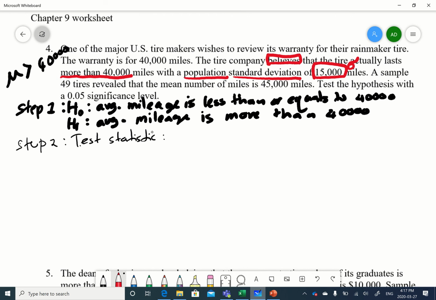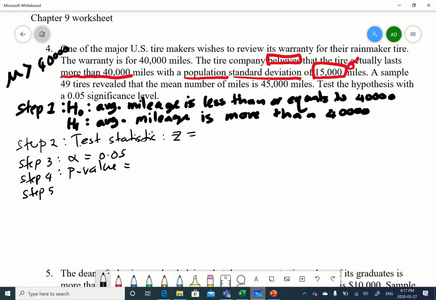Your test statistic has to be a z value. We don't know that yet. Then step 3, alpha given, 0.05. Step 4, p-value, still don't know. Step 5 still has to make the comparison based on the results.